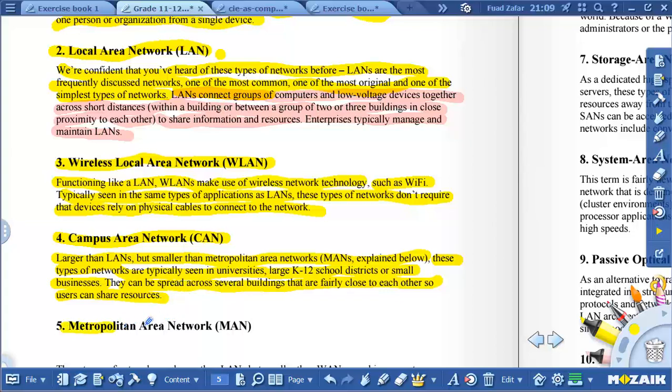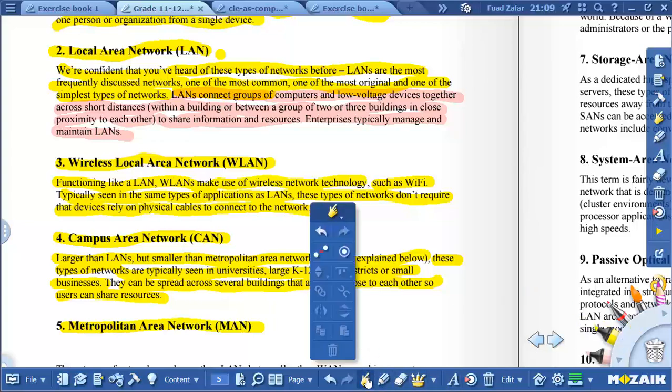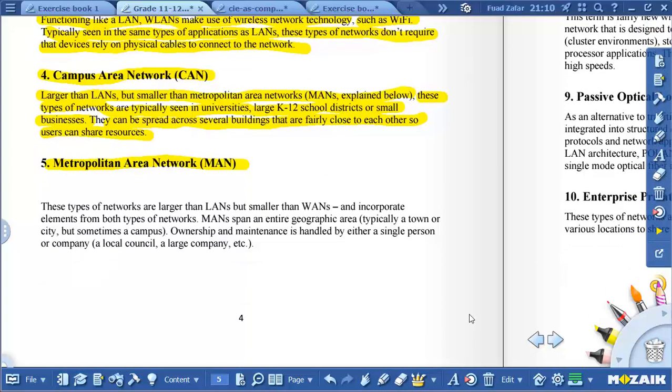And metropolitan area network, which is known as MAN. These types of networks are larger than LANs but smaller than WANs and incorporate elements from both types of networks. MAN spans an entire geographical area, typically a town or a city, but sometimes a campus.